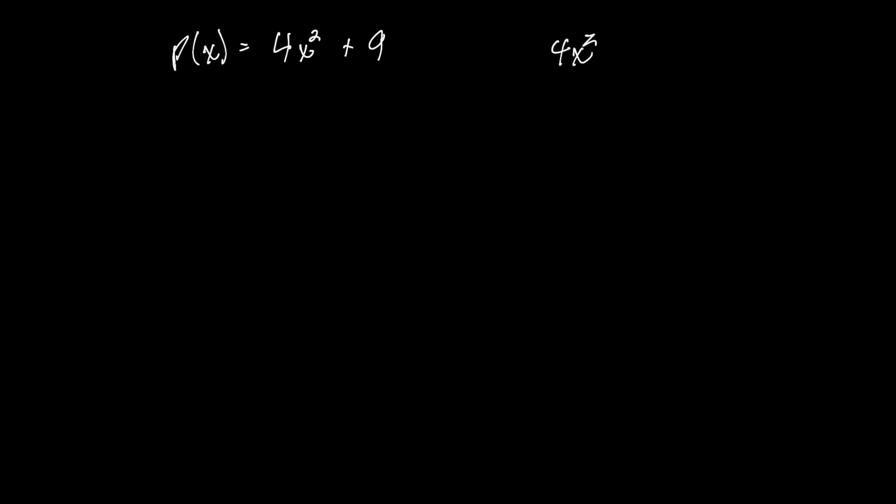4x squared, if this was equal to 0, we'd be looking at 4x squared equals negative 9, x squared equals negative 9/4, and then taking the square root of both sides, I'm now taking the square root of a negative number, and a lot of times that confuses us into going, oh geez, is it plus or minus 3i or 3 halves i?